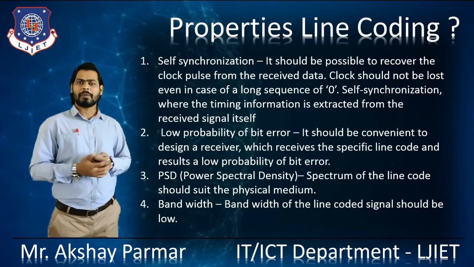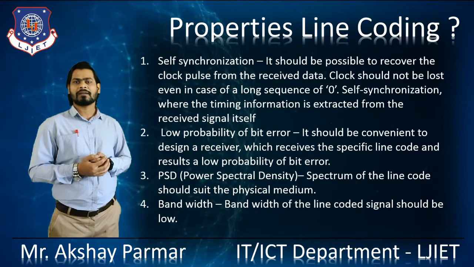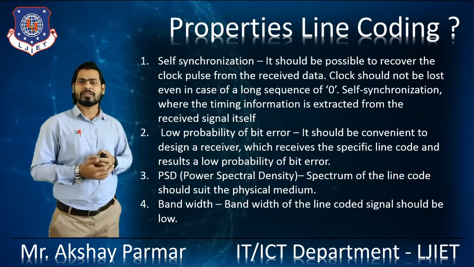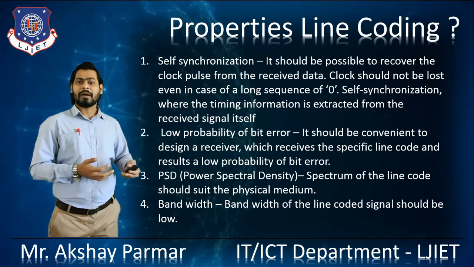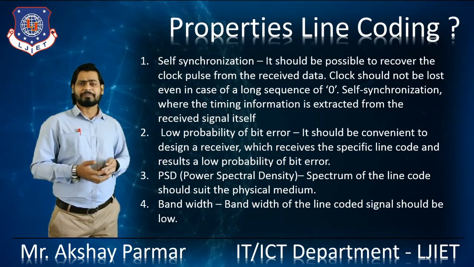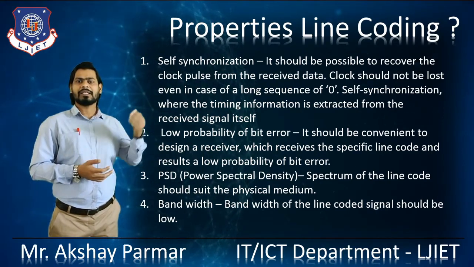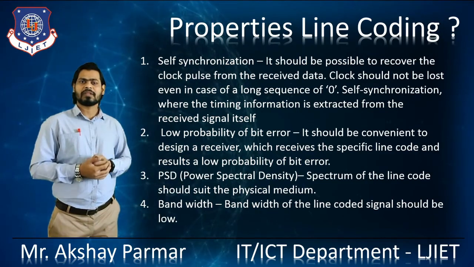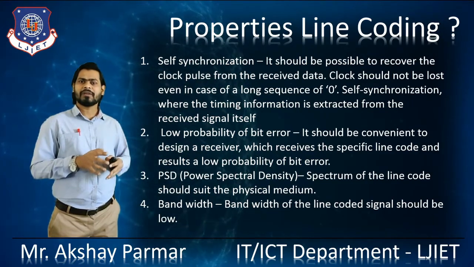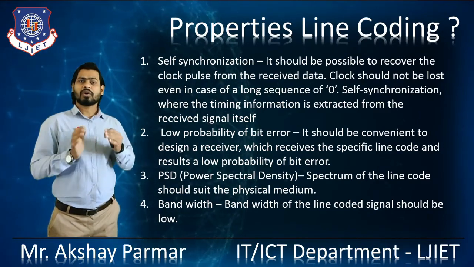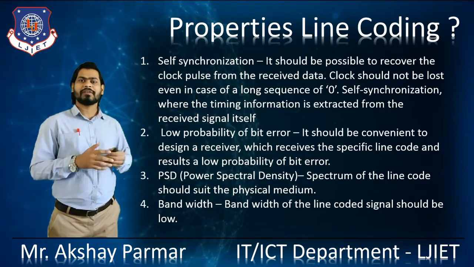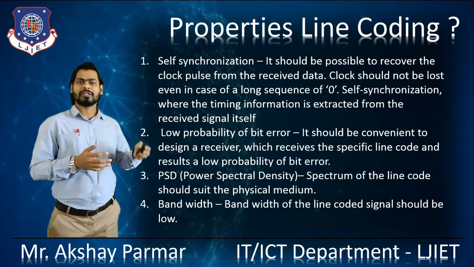There are some properties of line coding techniques, such as self synchronization, low probability of bit error, power spectral density, bandwidth, and all that, right? Let's see self synchronization first. It should be possible to recover the clock pulse from the received data. The clock should not be lost even in case of a long sequence of zeros or ones.